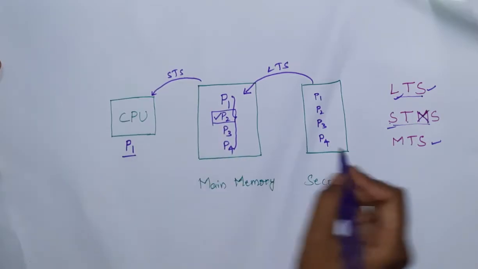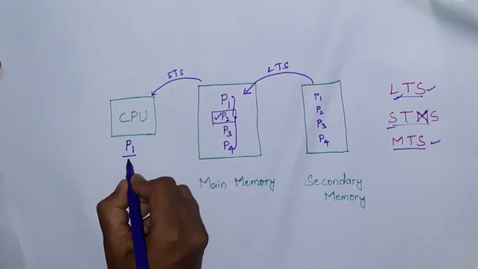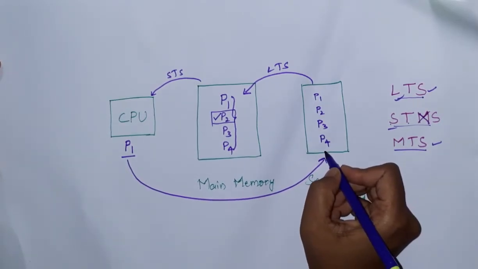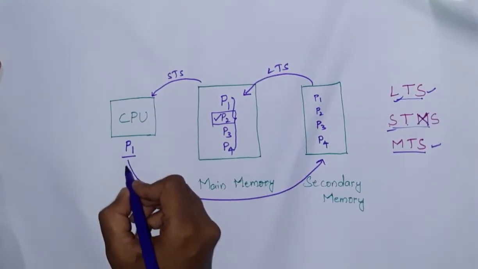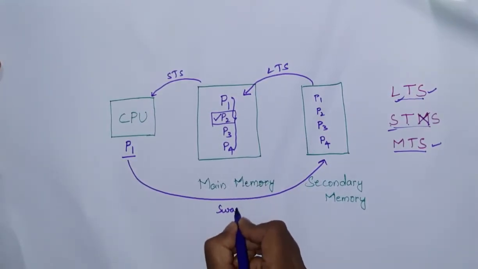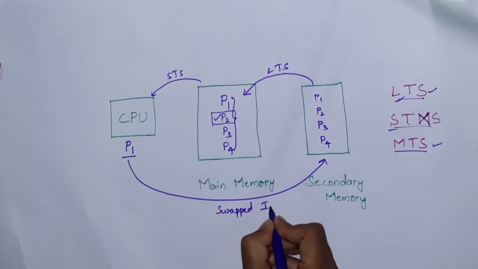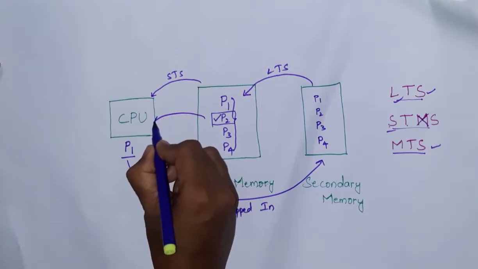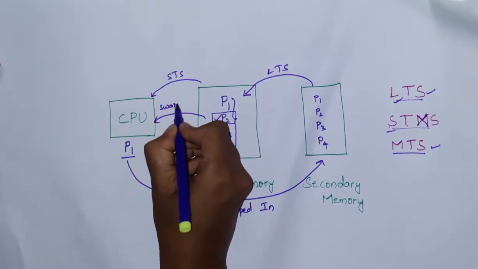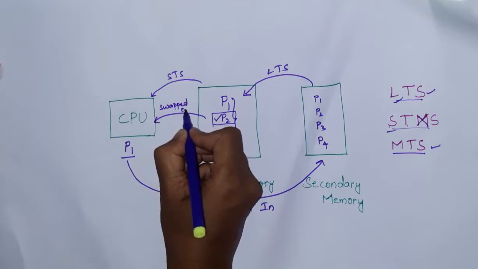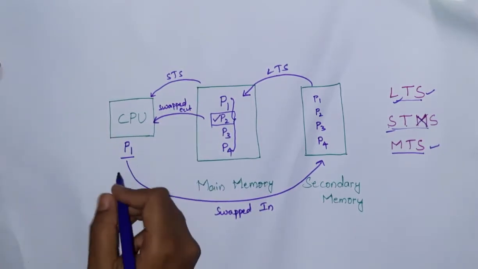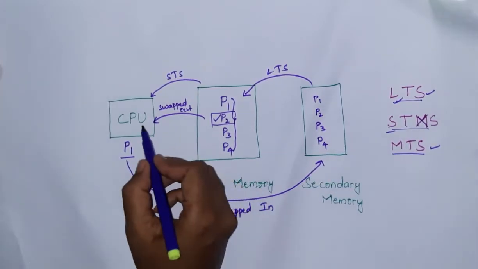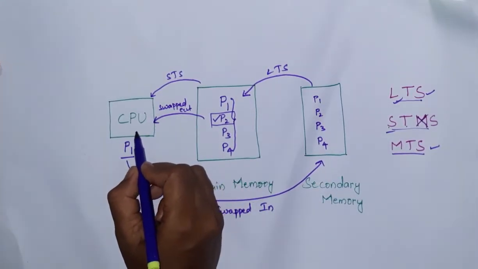So the work of MTS is to swap out this P1 process to the secondary memory. Actually it is swapping. P1 process is swapped into the secondary memory and P2 process is swapped into the CPU.